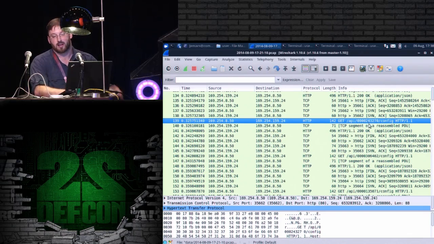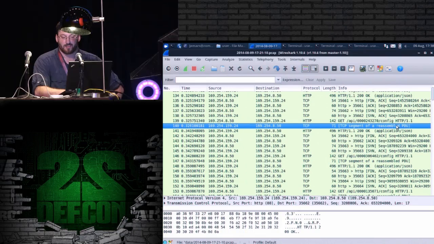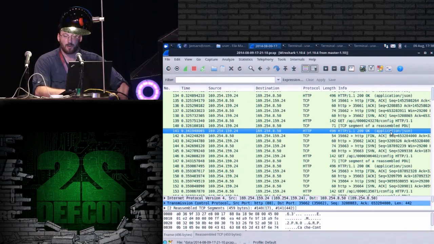We send a GET request, we get back one part of a packet, and then we get back the rest of the packet, and then we have some other network connection handling. The device doesn't know how to keep the socket open, interestingly.